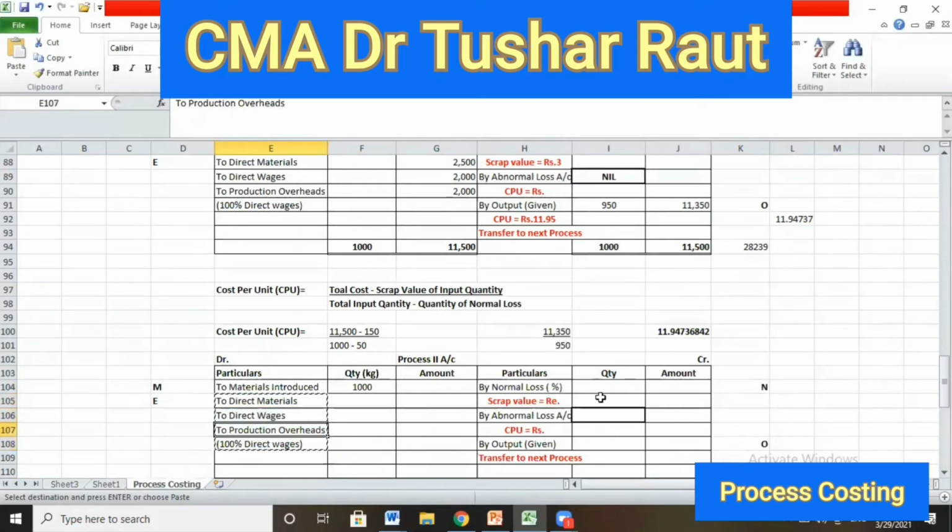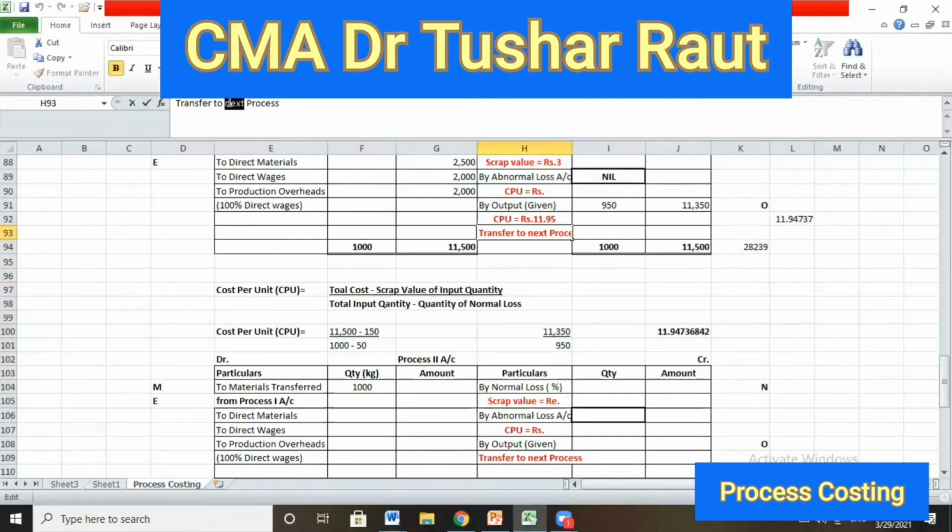I'll make one change. We'll put it downwards because this will be called as material transfer from process 1 account. Why I mention it over here? Because the output of the first process was transferred to the next.